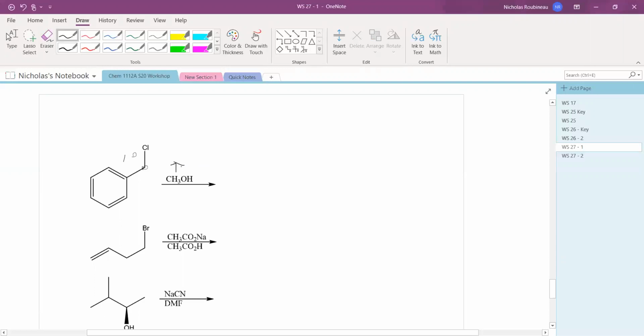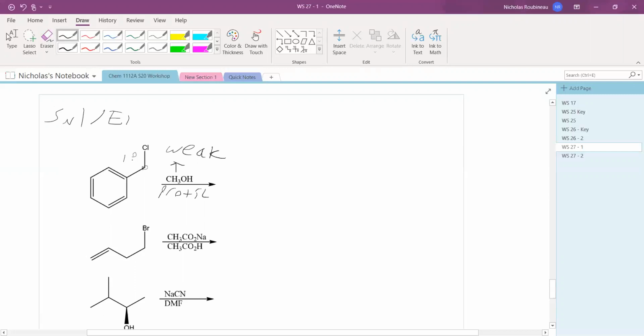So what kind of nucleophile is methanol, strong or weak? Weak. Yeah, and it's also the solvent. So what kind of solvent is it? Protic or aprotic? Yeah, protic. So these two are looking like it's going to be SN1 or E1.